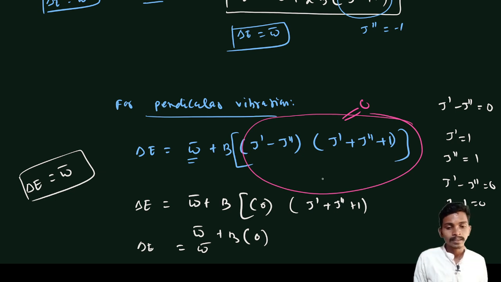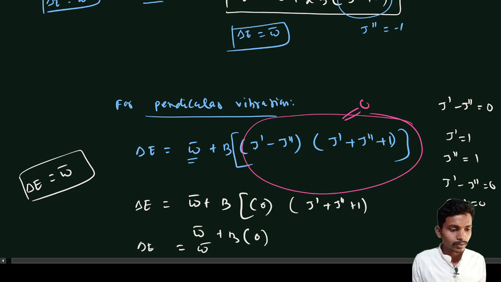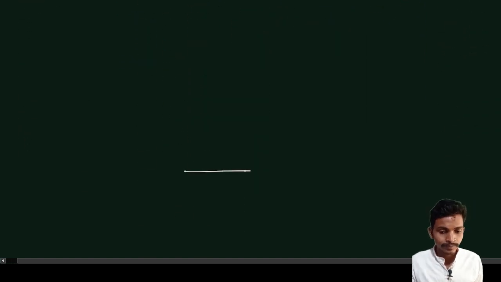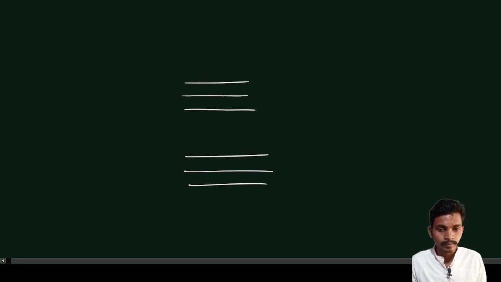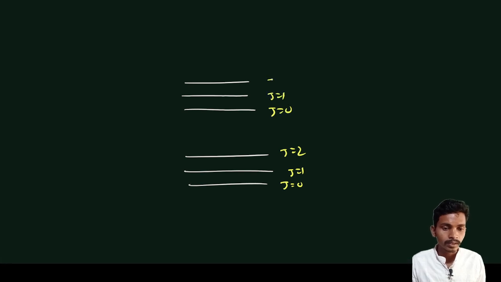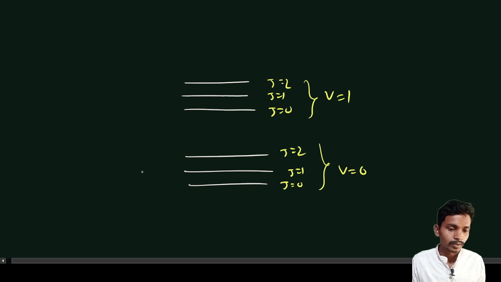So for perpendicular vibrations, we take this value as 0. Let's say this is J equal to 0, J equal to 1, J equal to 2, in both levels, with V equal to 1 and V equal to 0, and this is J double dash and this is J dash.